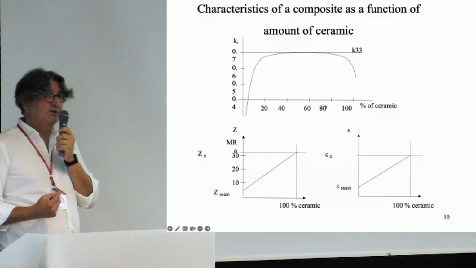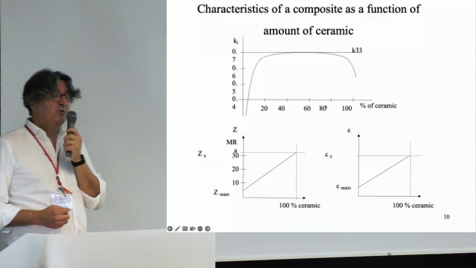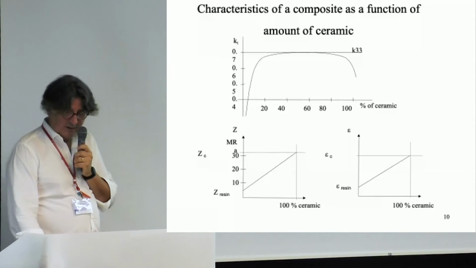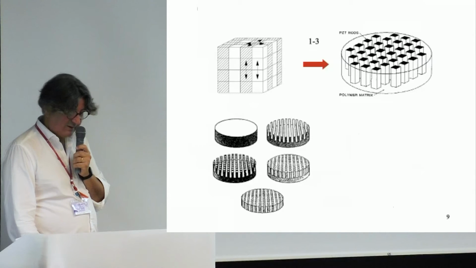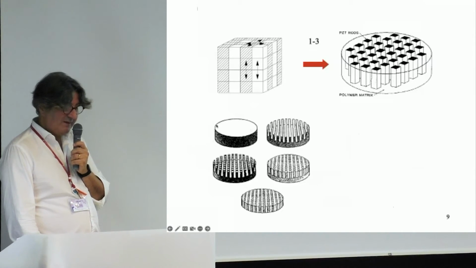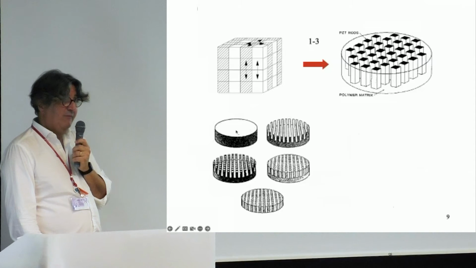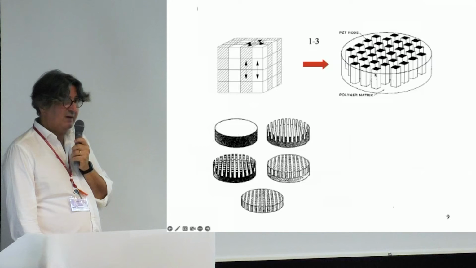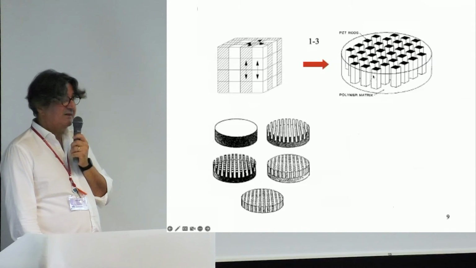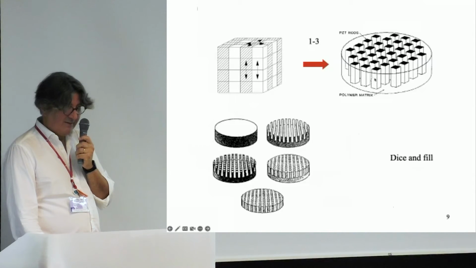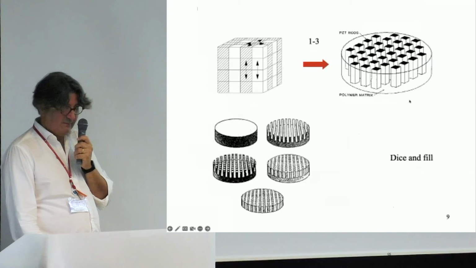This is essentially because you do not look at the same vibration modes. If I go back to this transparency, you have the thickness coupling factor of the plain ceramic here, and here you look at the thickness coupling factor of a ceramic rod. It is not the same value because it is not the same vibration mode, and this one is higher than this one.